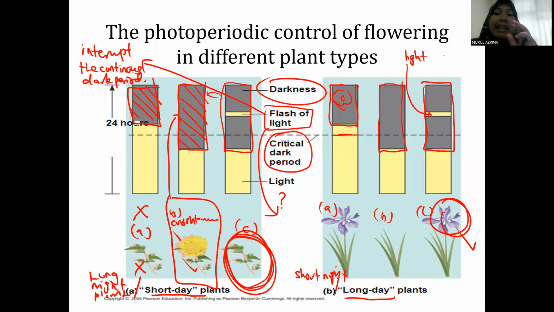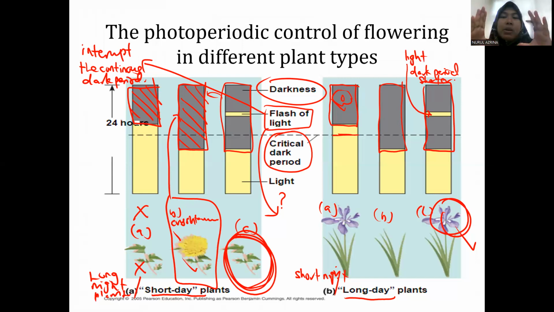So again, the flash of light interrupts the continuous dark period. So what happened to the dark period? The dark period becomes shorter. That's why the plant is flowering.